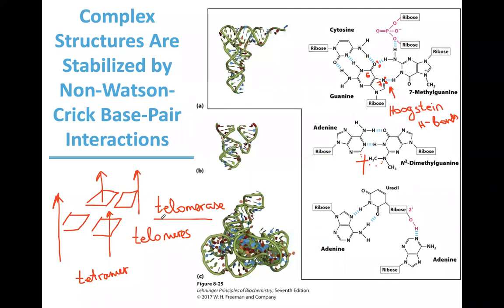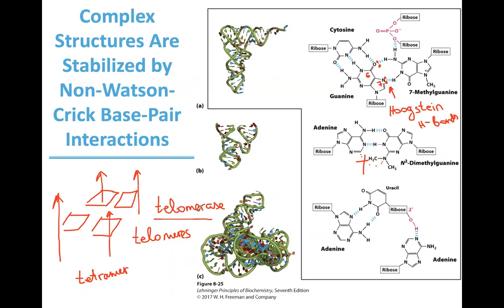But at some point their telomeres should get so short that the tumors will stop growing, and the cells which cross this point of no return will undergo apoptosis, will basically kill themselves. But unfortunately, tumors found a way to express this enzyme as well. So most tumors express telomerase, and that allows them to divide uncontrollably and indefinitely, right? And so actually inhibition of telomerase is a huge area in cancer drug design right now.